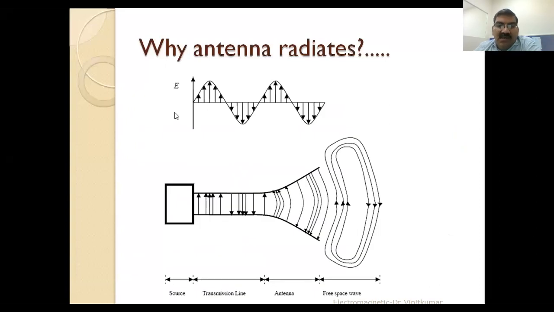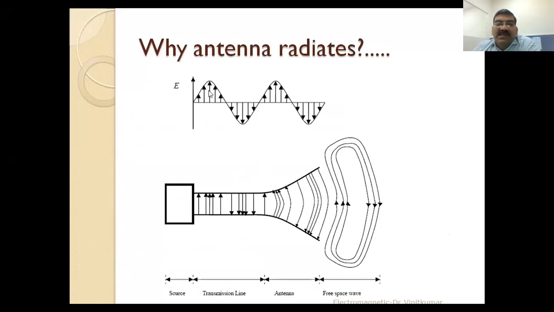The arrows are shown here so that we can understand and reflect on it.